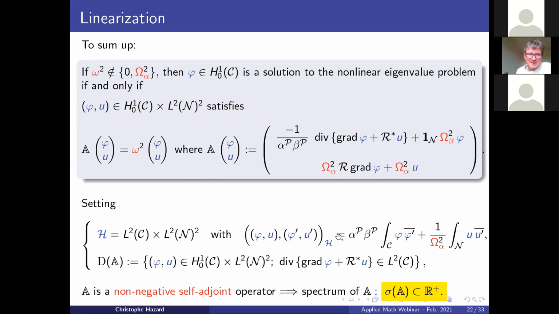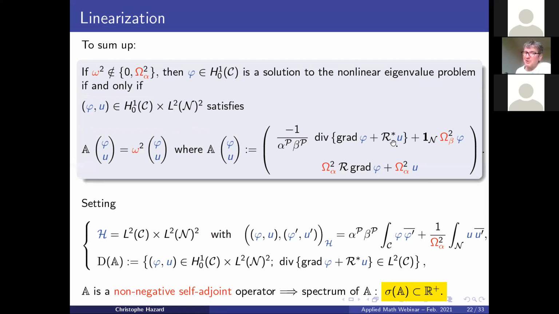He asked if the divergence of R star U is well defined. He asked if there is a gap. Yes, this is a good question. That's why I write that in this form here, and I do not separate both parts, because yes, he's right, R star U is 0 in the positive material.